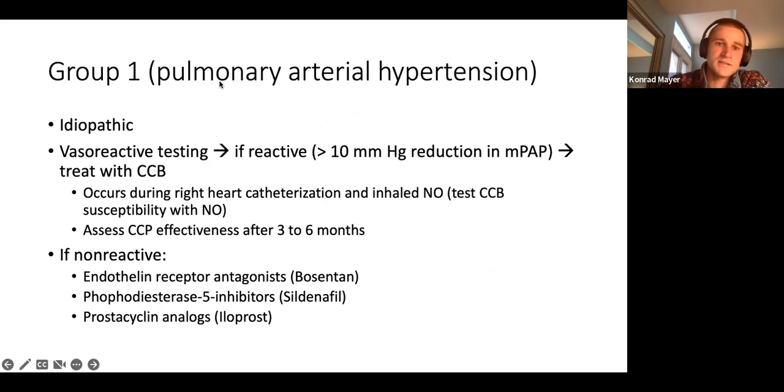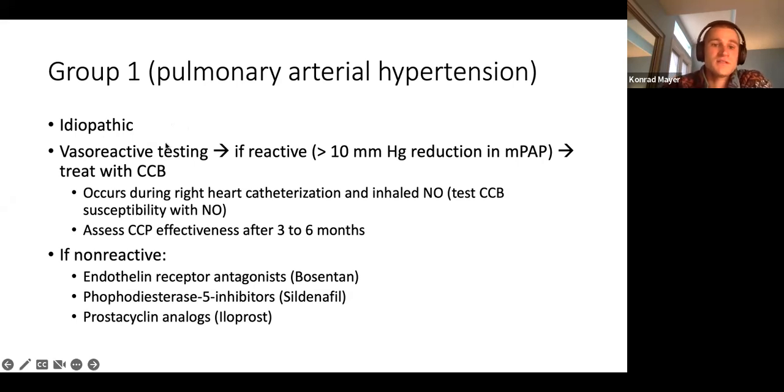So group 1, as I said, pulmonary arterial hypertension. The issue is with the pulmonary arteries directly. The patient to have in mind for this group is a young female between the ages of 30 and 40 who comes into the office with dyspnea on exertion and says, I'm just out of breath sooner than I used to be. She probably has pulmonary hypertension if nothing else can be found.